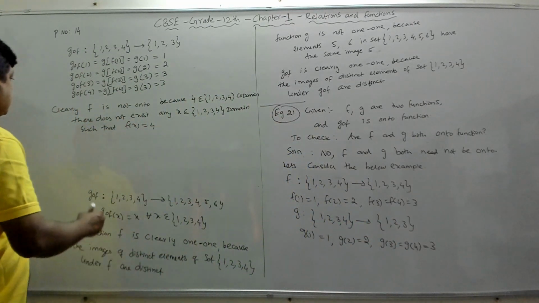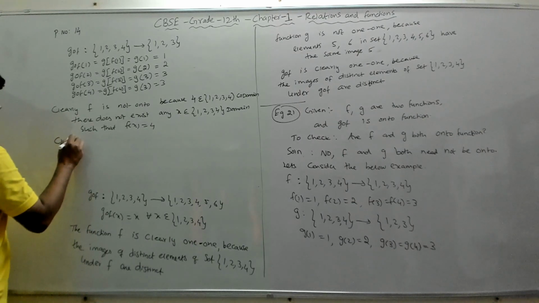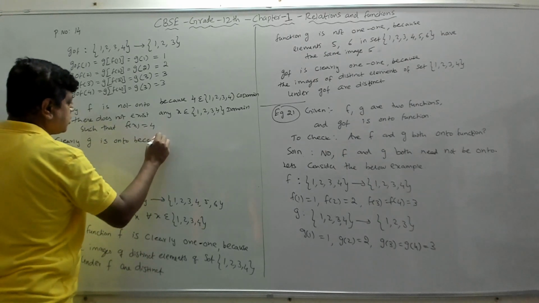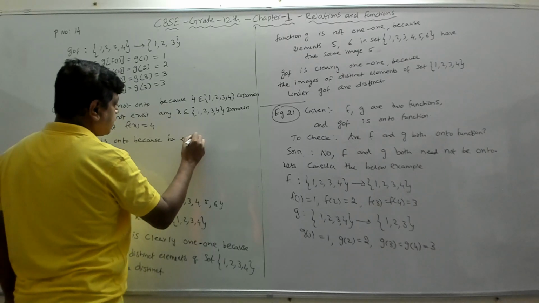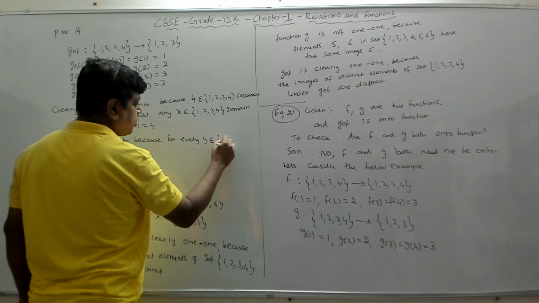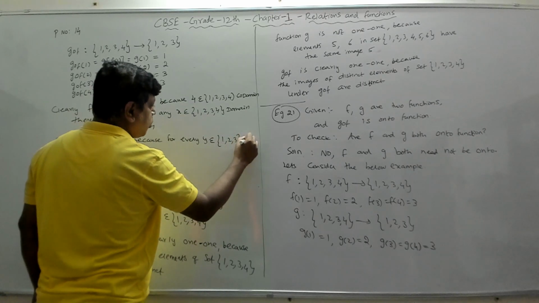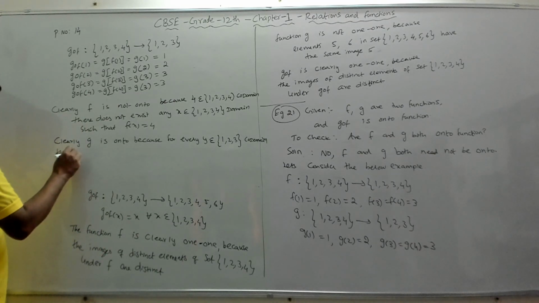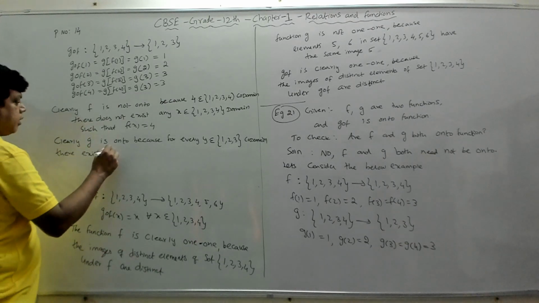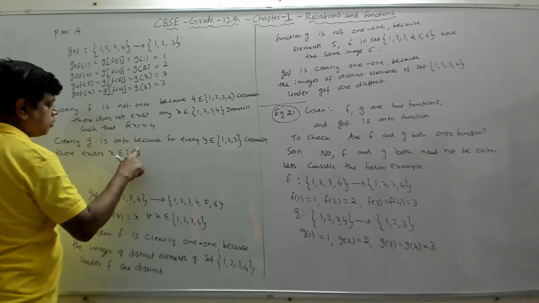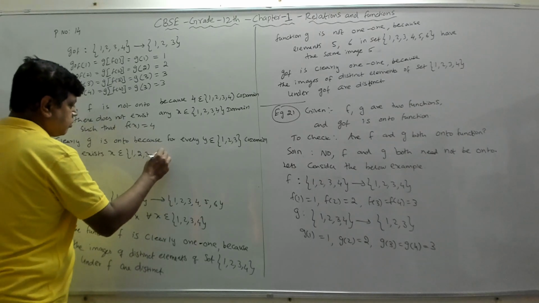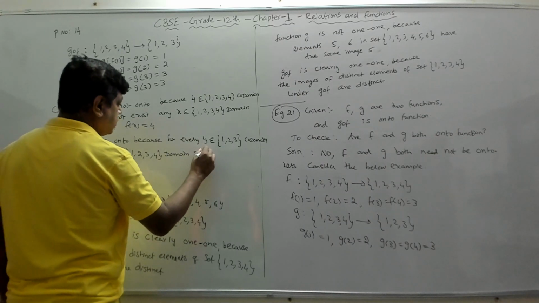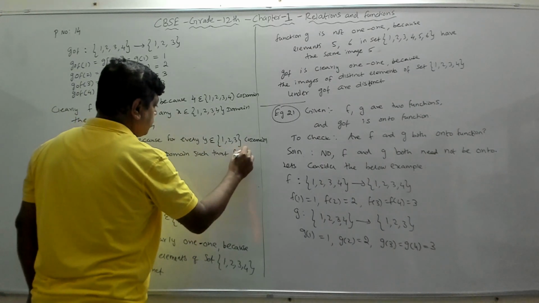So we will say here clearly, g is onto because for every y belonging to the set {1, 2, 3}, the codomain, there exists x belonging to the set {1, 2, 3, 4}, which is the domain set, such that f of x is equal to y.